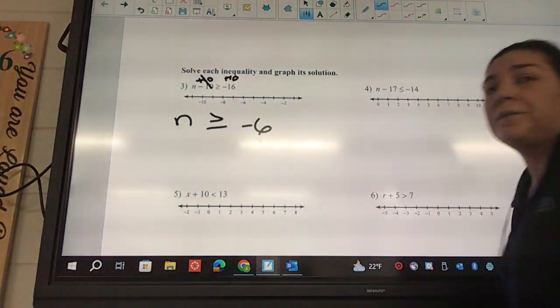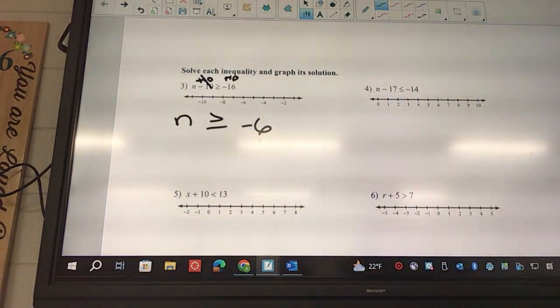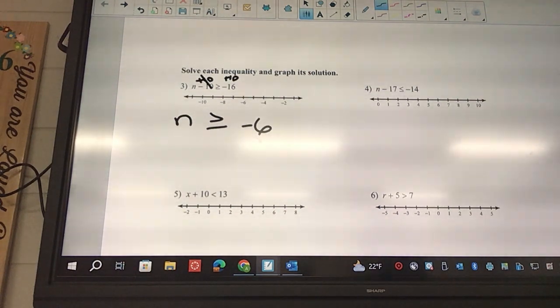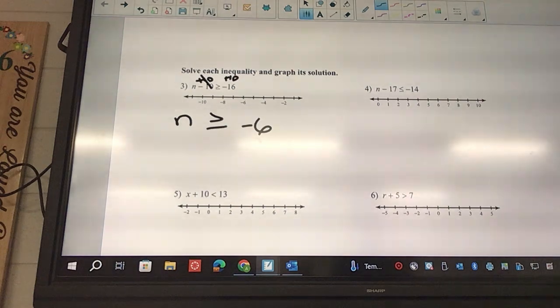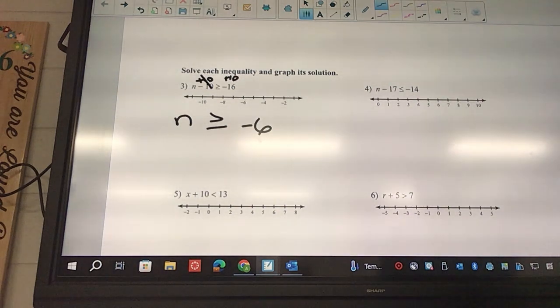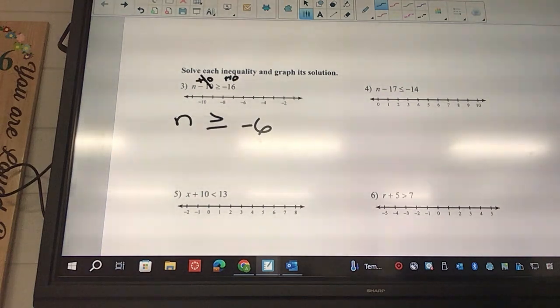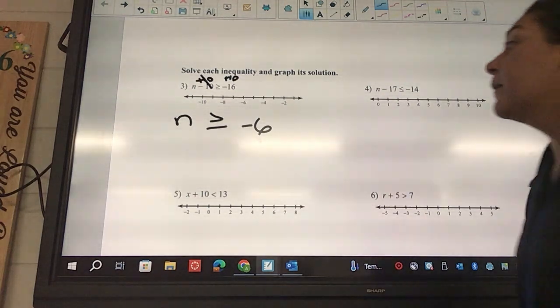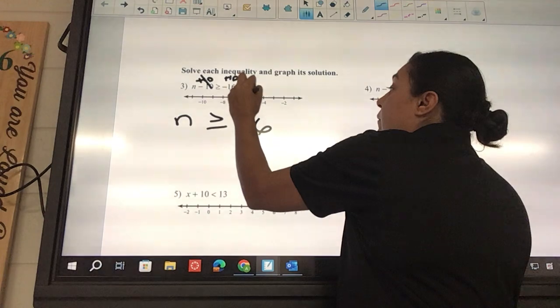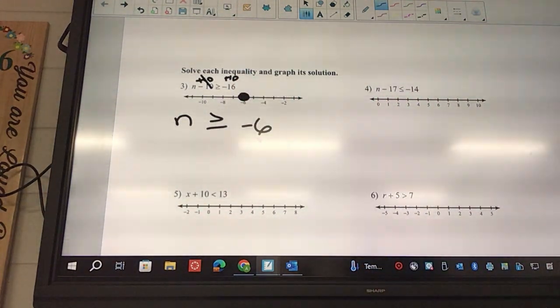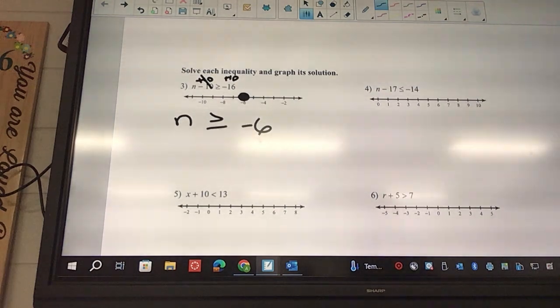Negative 6. Okay, on the negative 6 should be open or closed? Closed. Okay, going which way? To the right, yeah.